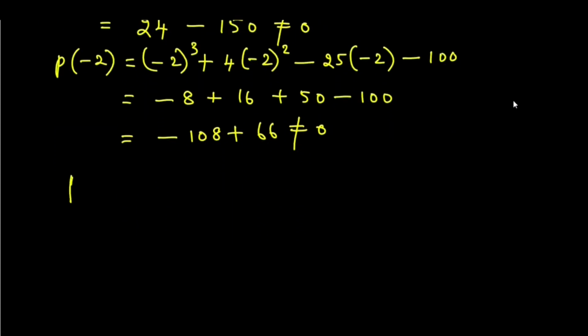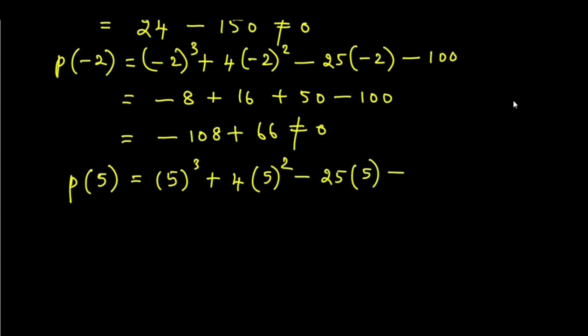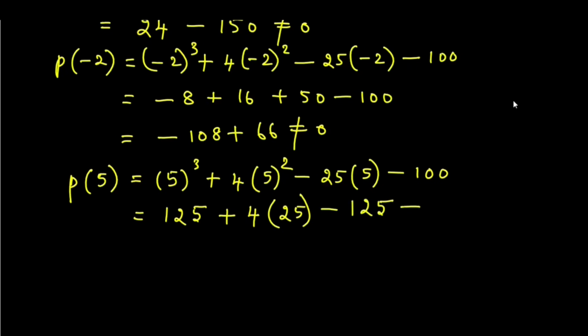First let us take p of 5. 5 cubed plus 4 into 5 square minus 25 into 5 minus 100. 5 cubed is 125. 5 square is 25, and 4 into 25 is 100.